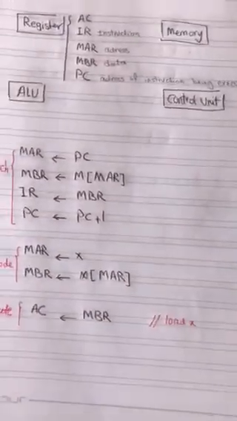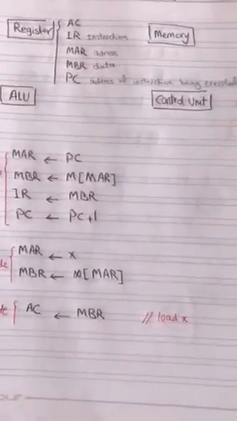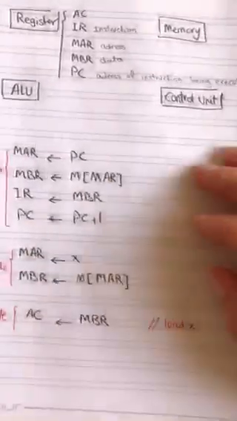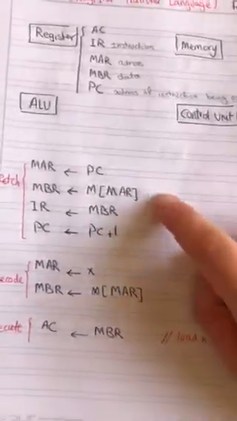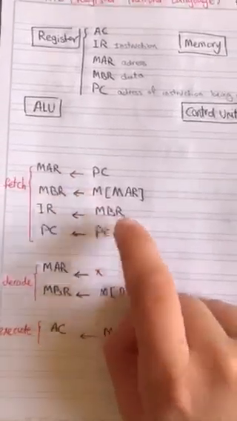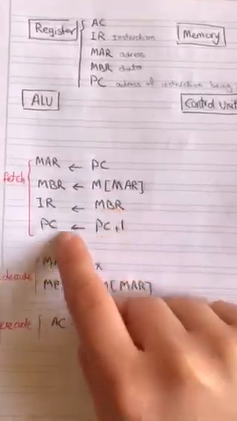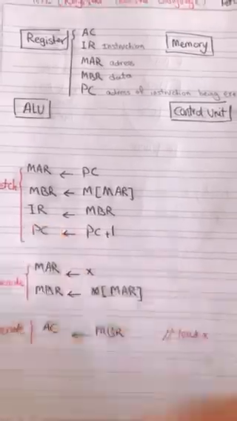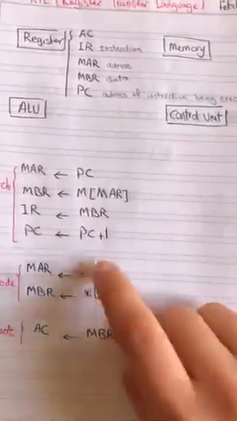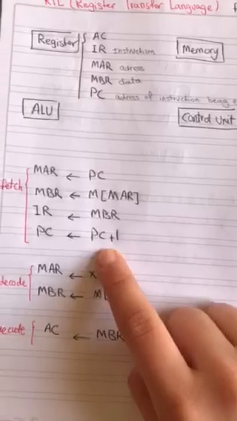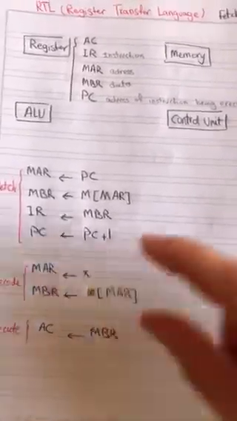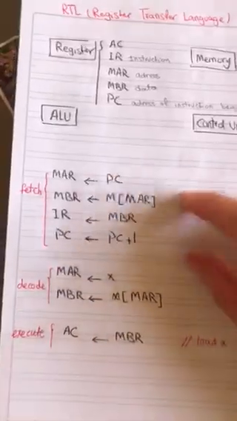Now, having the data in MBR is not satisfying for us, so what we really want is to have that also in IR. So we again transfer what we have in MBR to IR. Now we are good to go. The only thing that we gotta do is to add 1 to PC so that it will point to the next instruction again. Now the fetch part is done.